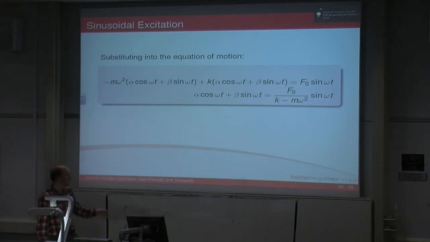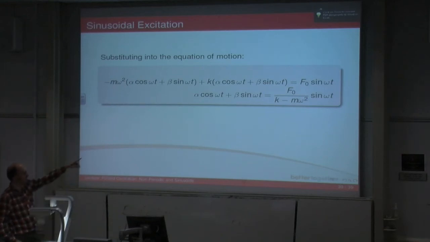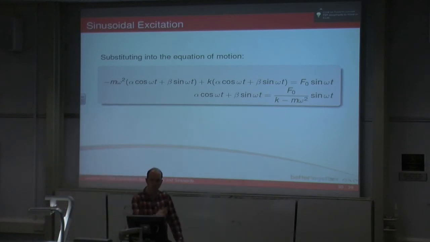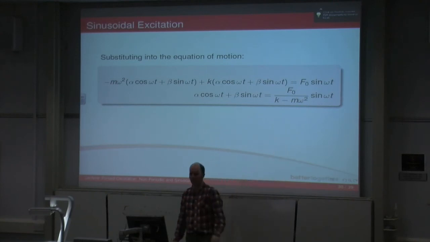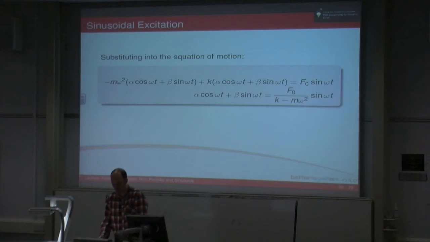And what you can do is simplify things. If you take k minus m omega squared from the left-hand side and divide the equation by that, you end up with this term here. And this is the point where we got to in chapter 2. We ended up with the amplitude being F naught divided by k minus m omega squared. If you remember in chapter 2, that was the solution for the amplitude.